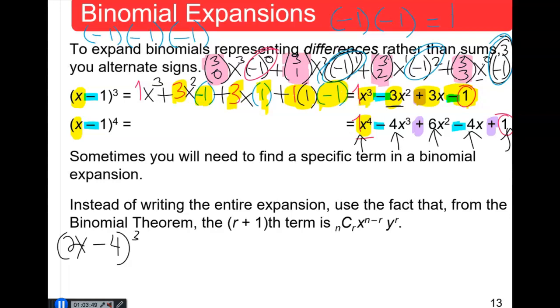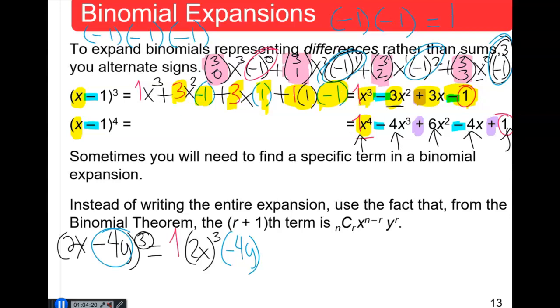In fact, let's make it more complicated and put 4y. So we're going to have 2x minus 4y to the power 3. So the very first binomial coefficient we already know is a 1. Then we're going to take 2x and raise that to the power 3, because that is what the highest exponent will be. Then we will take the negative 4y and raise it to the power 0.